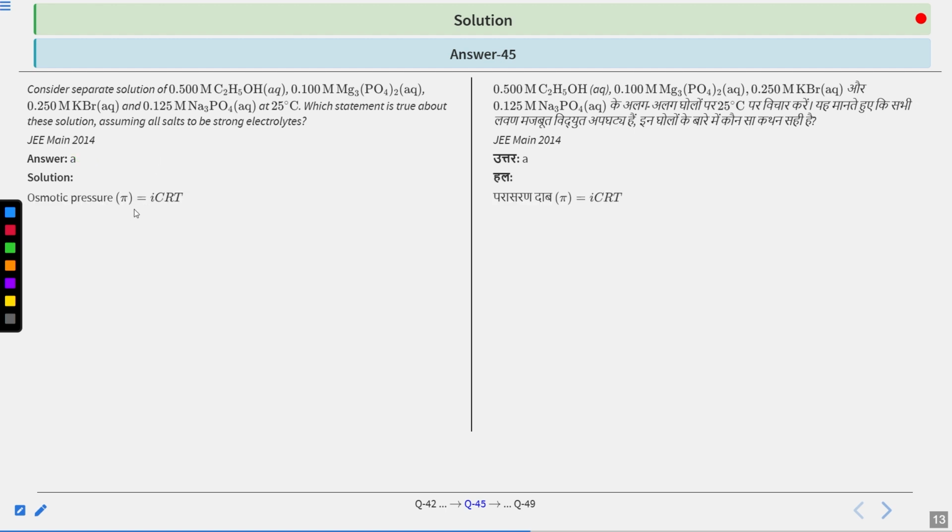What is the formula for osmotic pressure? It is pi equals iCRT. i is the Van't Hoff factor, C is the concentration, R is the gas constant, T is the temperature, and pi is your osmotic pressure. Now, for 0.5 molar ethanol, your i will be 1. Very clear, right?